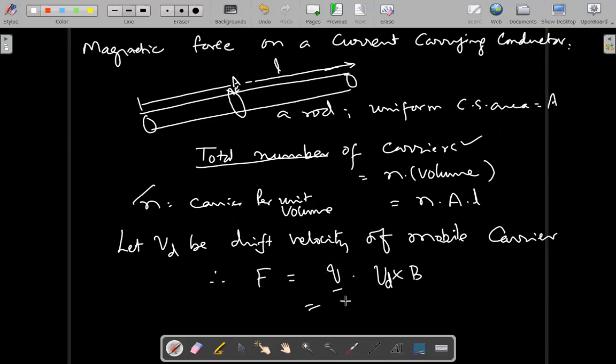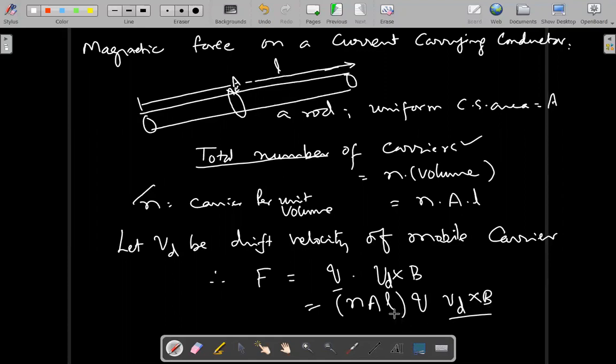Therefore, you will have nAL multiplied by Q. If it were only one carrier, I would have put Q, but this is the total number. So this is multiplied by Vd cross B. This is a cross product. So that's what is given as I into L cross B.